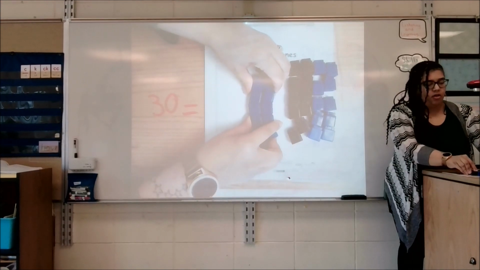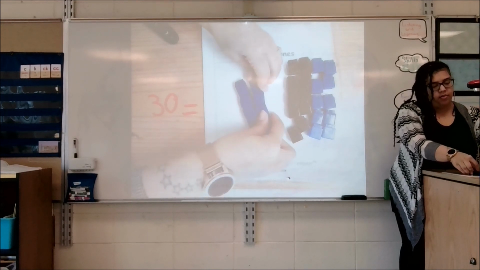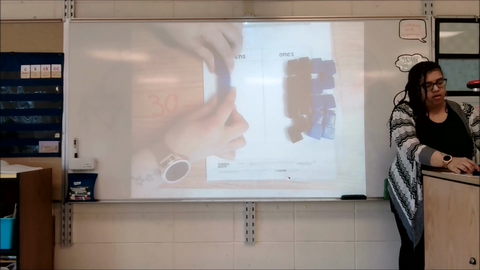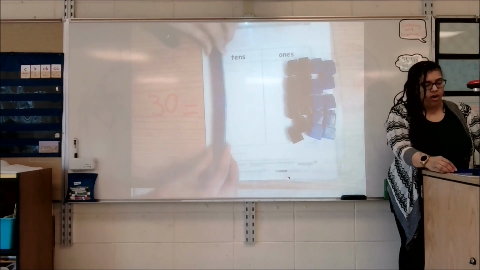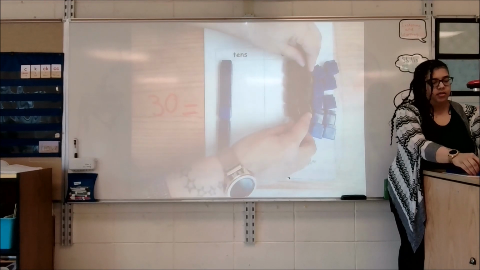If I click these all back together, let's go back the other way. 30 is now 1 ten and 20 ones.